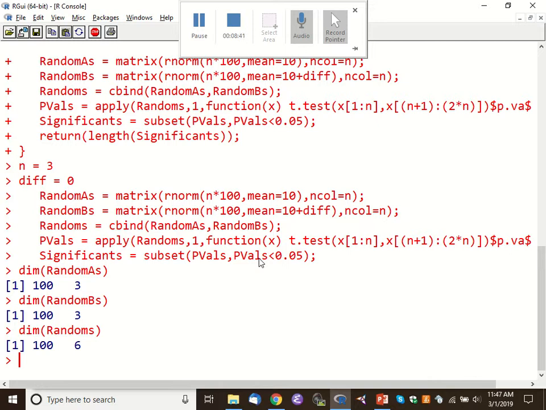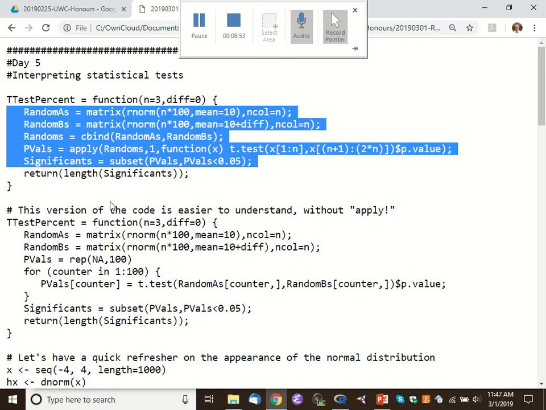All right. Now, this next line should puzzle you, I think. Apply, in my view, is one of the most difficult to understand commands that we find in R, and yet it is one of the most powerful. Remember that I said one of the superpowers of R is its ability to do the same operation again and again very, very quickly.